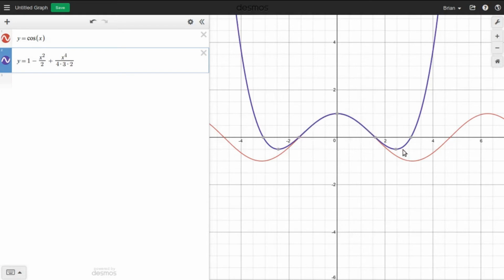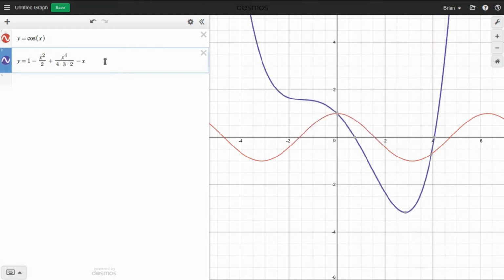That looks pretty good to me, but what about these guys? Can we do better? Well, let's see if we can continue this trend. The next thing I know, I need to bring the function back down. Look, it's going way too high here, so we need to subtract something. And it needs to be an even function, so let's see what we can do. I'm going to subtract, what's the next even polynomial term I could use? x to the 6th.